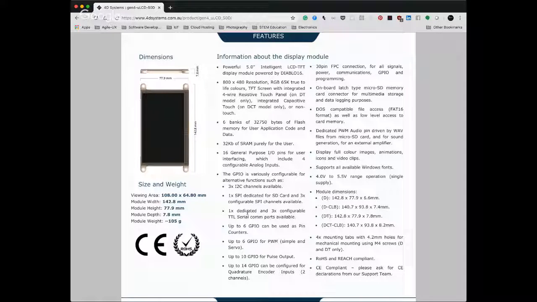There's 1 dedicated and 3 configurable TTL serial communication ports, up to 6 GPIOs for PWM, 10 GPIOs for pulse output, 14 GPIOs for quadrature encoder inputs. You can see from the product description itself that this display can, in fact, operate on its own without an external development board.